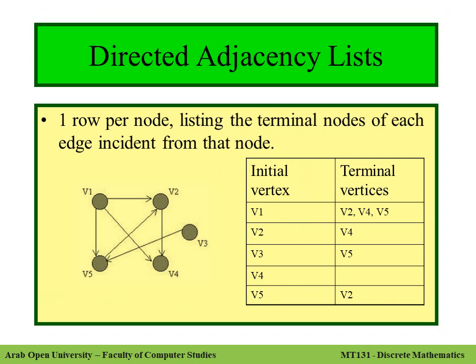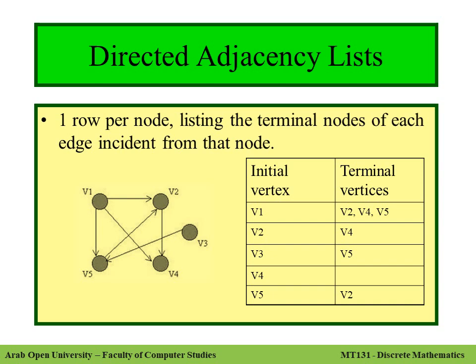Now for a directed adjacency list, of course, in your adjacency list, the first column you list the initial vertex. Here in this graph you have V1, V2, V3, V4, and V5. And in the second column you list the terminal vertex. Starting with V1, you have directed edges starting from V1 going to V2, also V4 and V5.